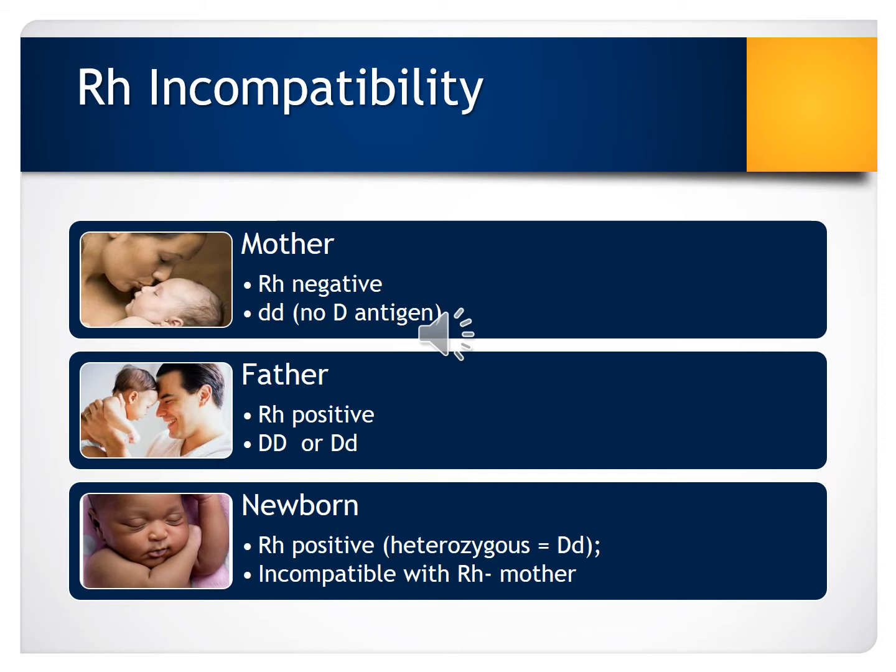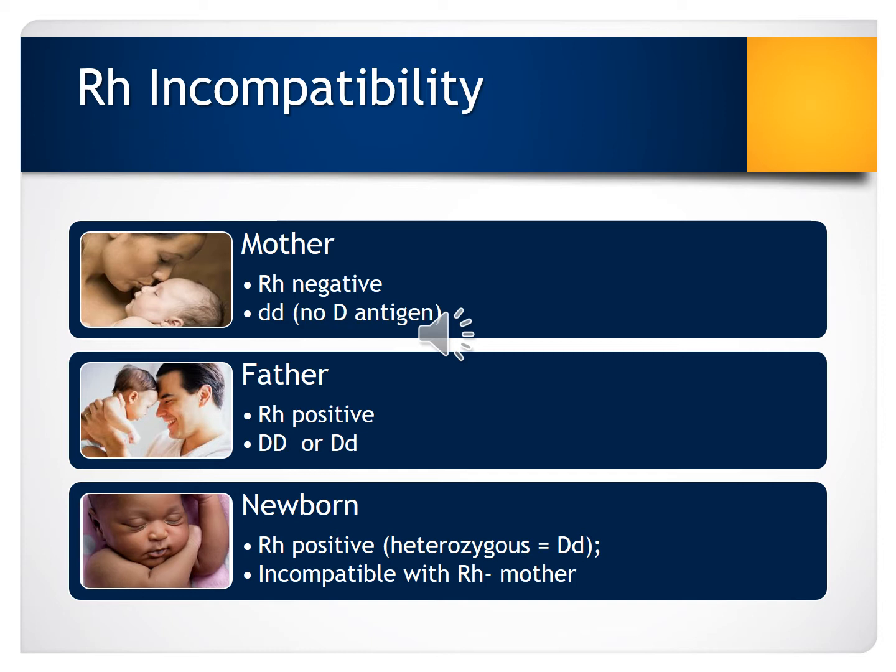But also with our blood type, we talk about another antigen, our RH antigen or RH factor. And RH, again, is another antigen specifically called the D antigen. And if an individual has that antigen, then they would be considered Rh positive.